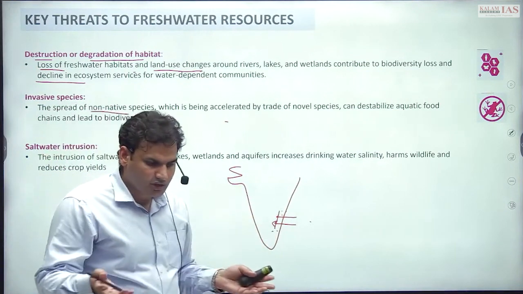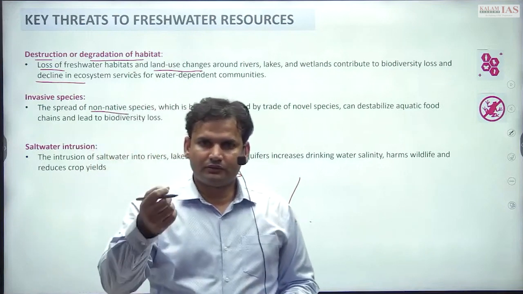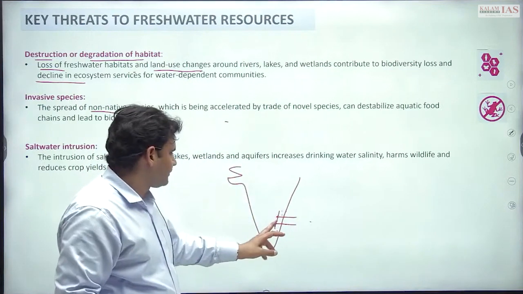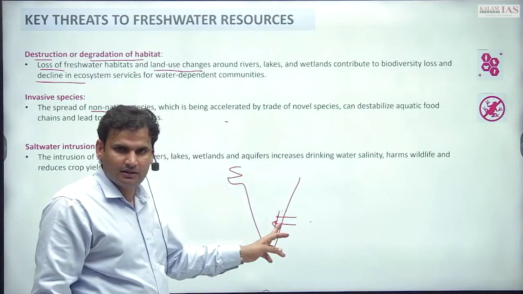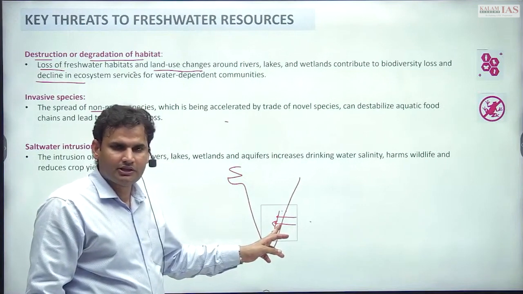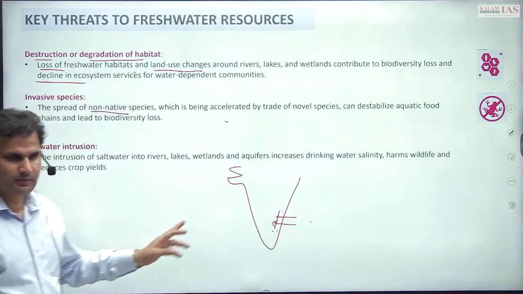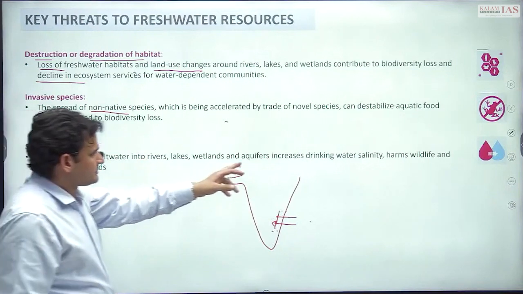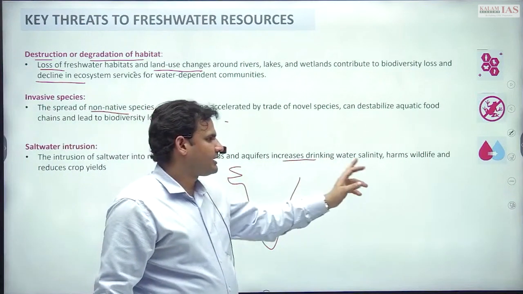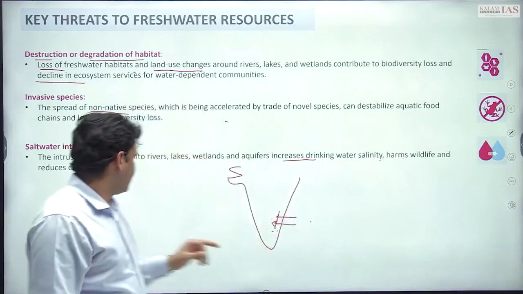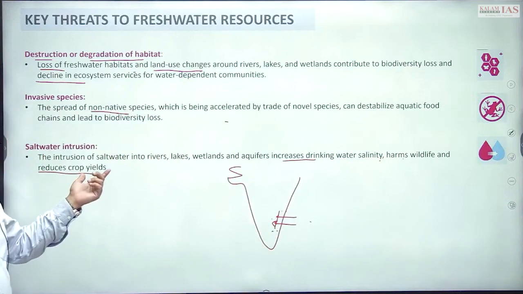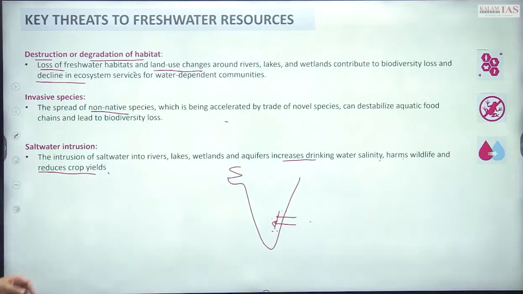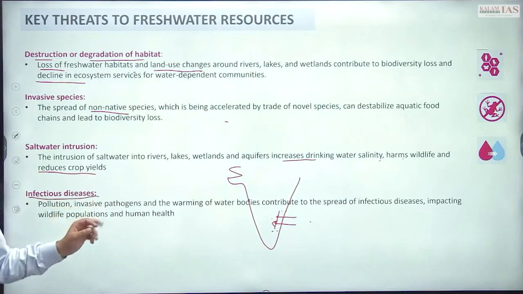And the saline water would make the fertile land infertile, and definitely it would threaten your food security. So intrusion increases drinking water salinity, harms the wildlife, and reduces the crop yields. So everything is related. Thereafter, infectious diseases.